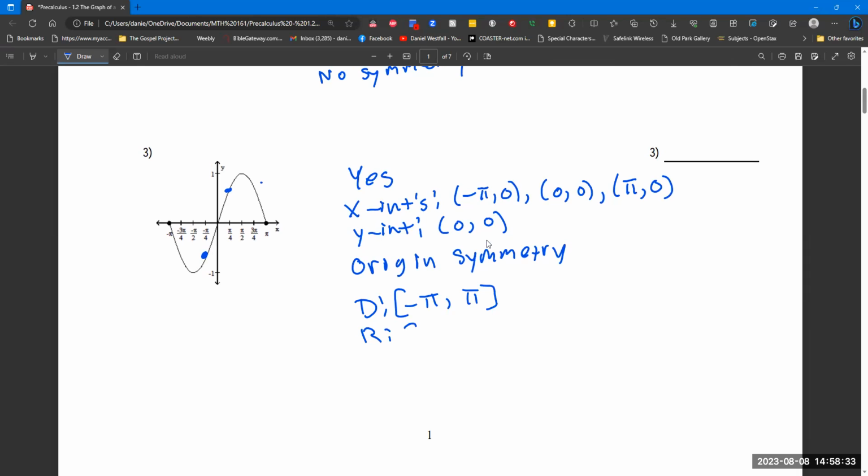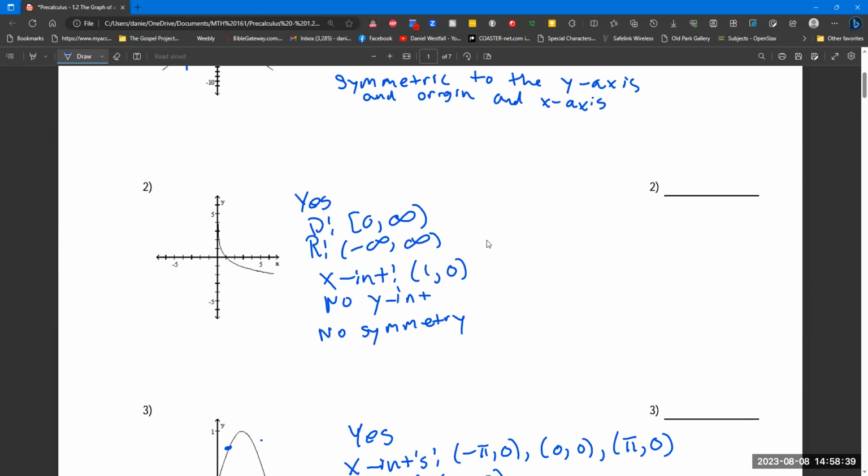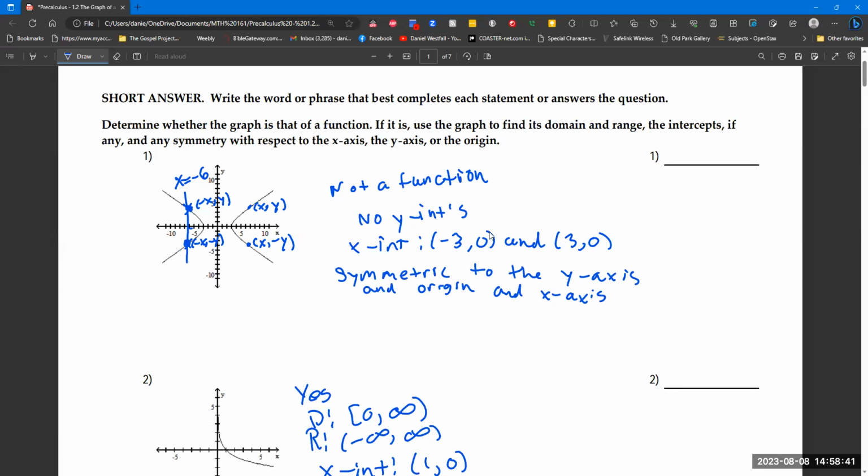My range is from -1 to 1. And I got domain and range there. My domain here is negative infinity to -3 union 3 to infinity. And my range here is going to be negative infinity to infinity.